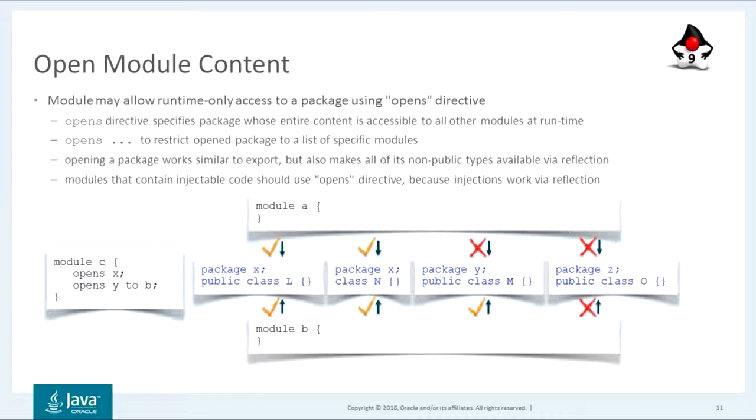And the exports instruction is not doing it. It's not making types available via reflection. So you need an opens instruction for that. There you go.